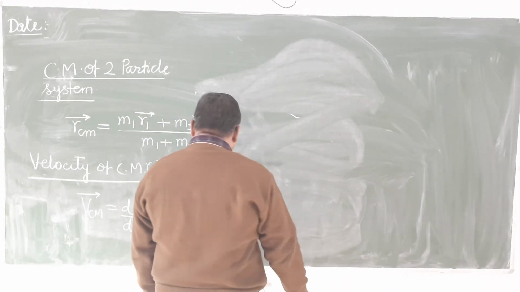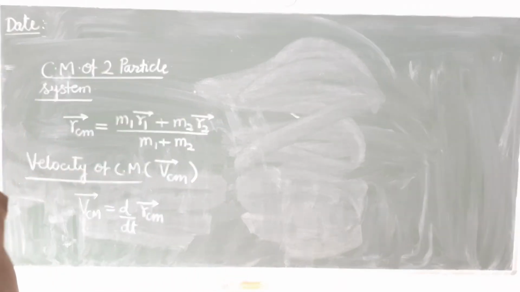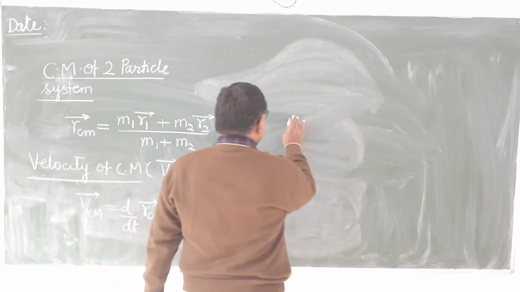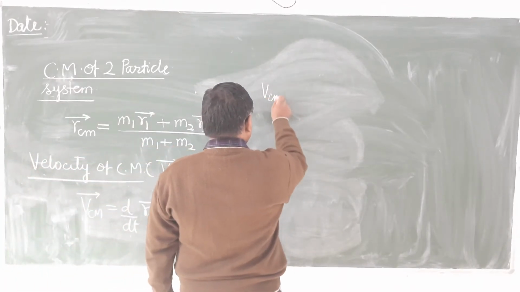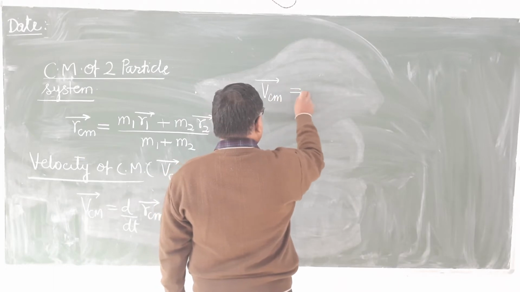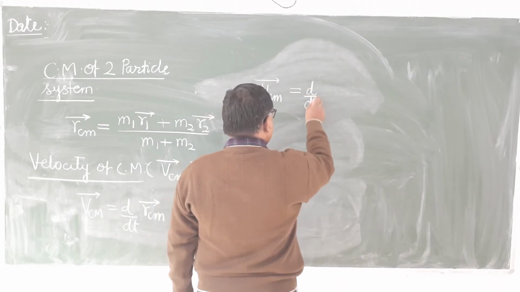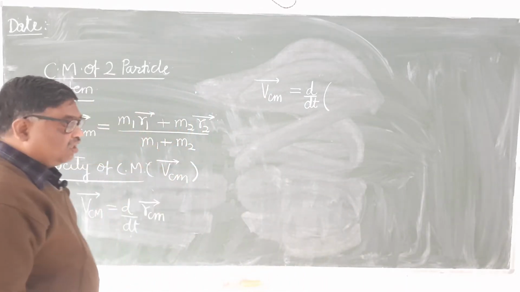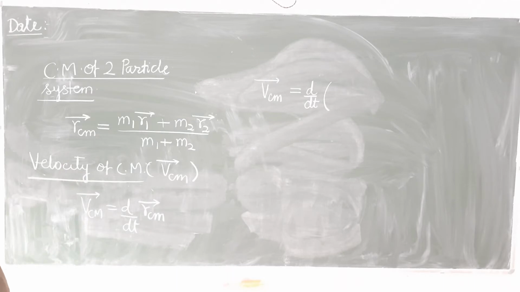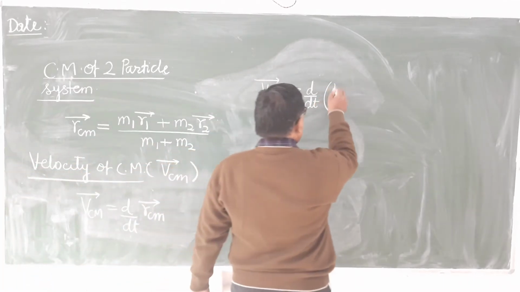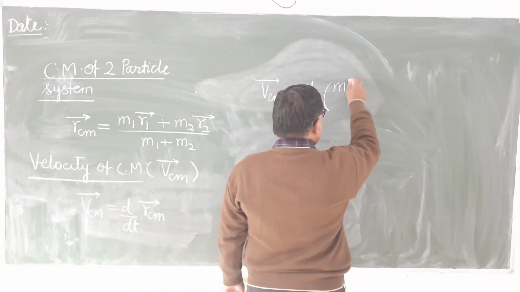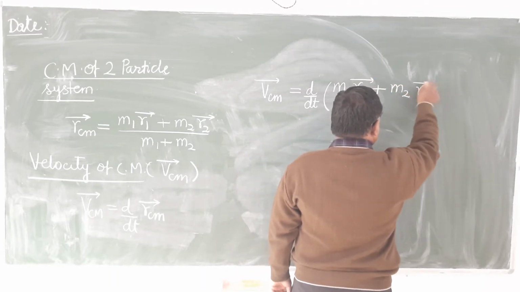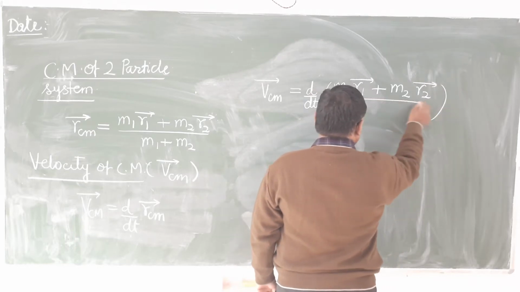First we will derive for a two particle system, and then the same thing can be extended for an n particle system. So VCM will be equal to d by dt of m1 r1 plus m2 r2 divided by m1 plus m2.